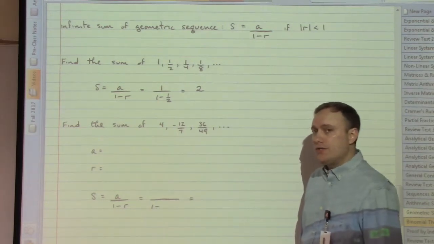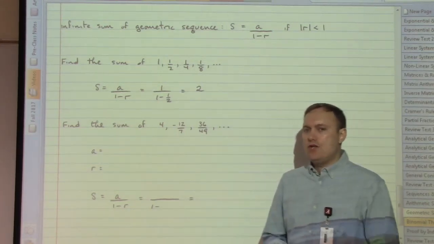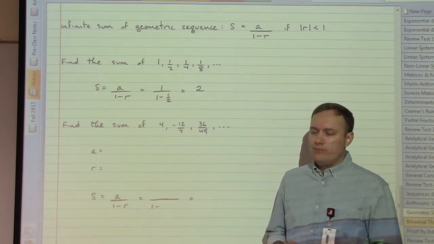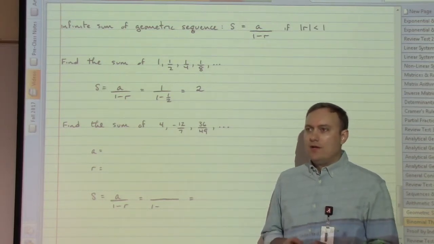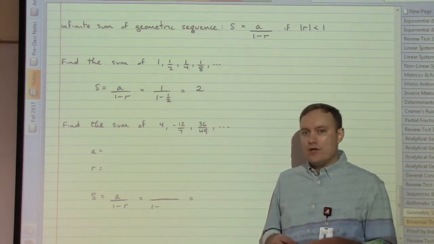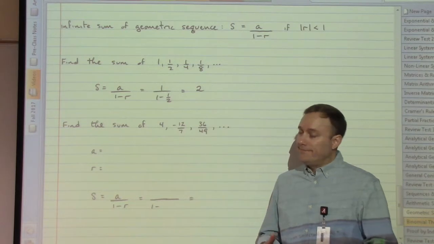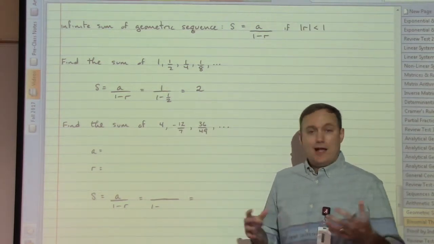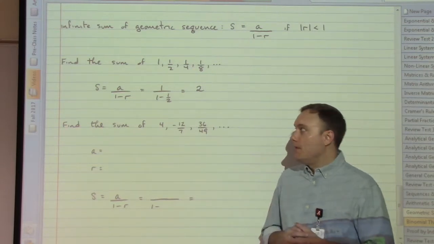I can only do partial sums when my common ratio is bigger than 1, or I should rephrase that a little bit more carefully, when the absolute value of my common ratio is bigger than 1. That means my terms blow up in my face. That's divergent.